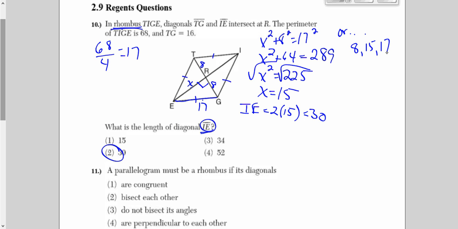We ran into that one, didn't we? It's 3, 4, 5, 8, 15, 17, 5, 12, 13s. And again, it's not something you have to commit to memory, but it's useful, isn't it? See how this little bit of work, instead of doing all that, gives 15 and then double it and get 30. All right? Well, let's move along.